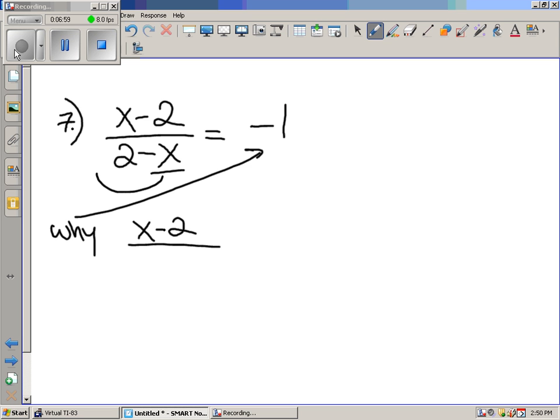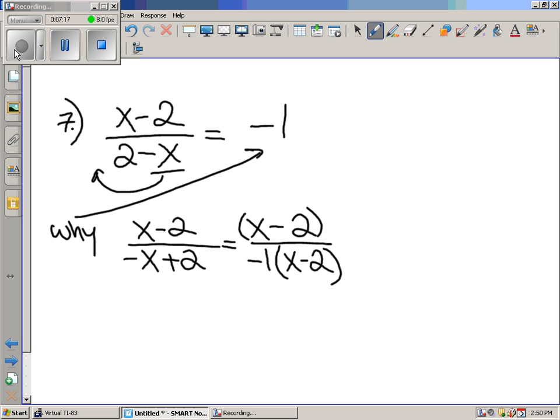I'm going to take this, I'm going to switch it to the front. Then we get this. What could you take out? What's the greatest common factor of this and this? -1. Yes. Cross these out, and here's what you get.